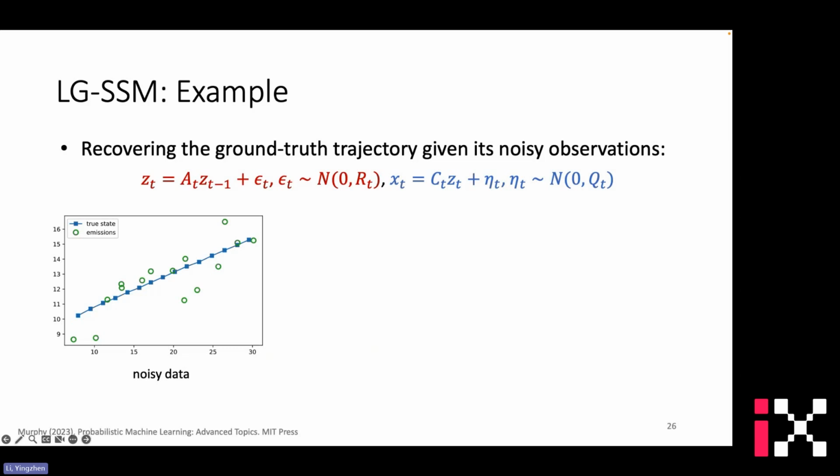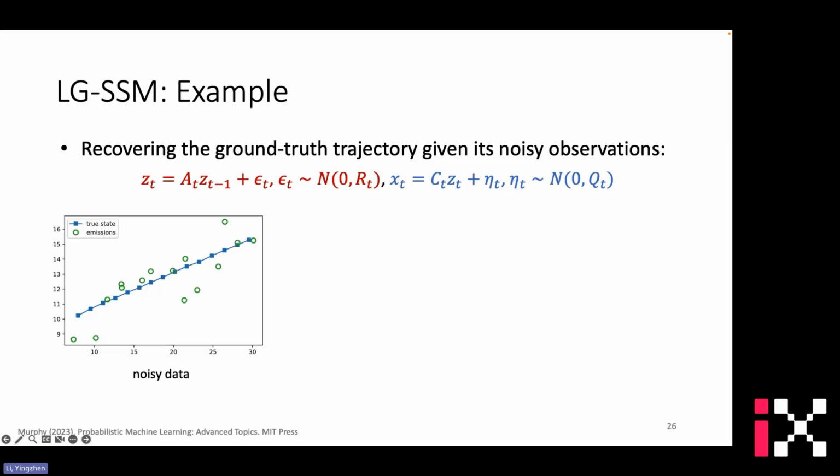The observations in these green circles are noisy perturbations of the actual ground truth trajectory in blue, and the blue one is actually the z variables. You can think about it as the noisy observation of a ground truth trajectory.